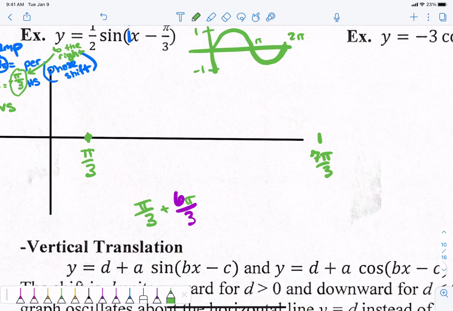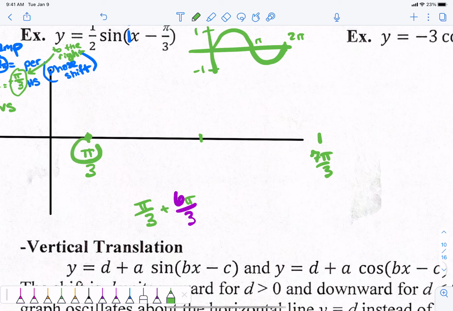And then I need to block off my halfway point. So what is halfway between pi over 3 and 7 pi over 3? Finding the halfway point is like finding the midpoint, which is adding them together and dividing by 2.